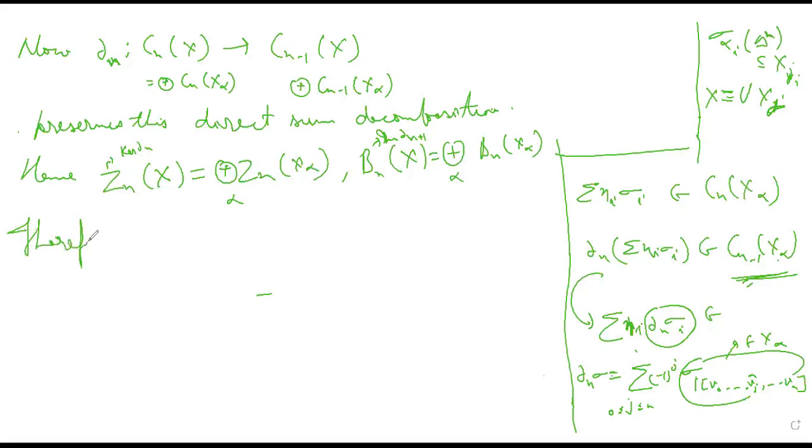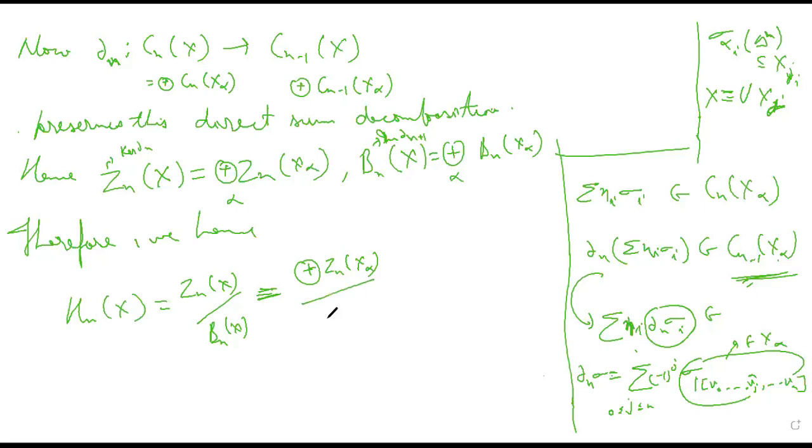Therefore, we have HnX equal to ZnX modulo BnX, which is ZnX alpha modulo BnX alpha, and this is going to be isomorphic to the direct sum of ZnX alpha modulo BnX alpha.